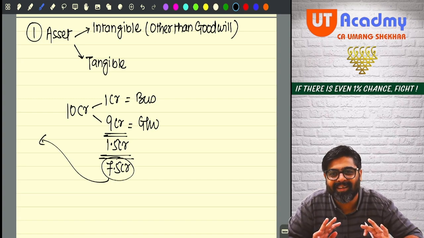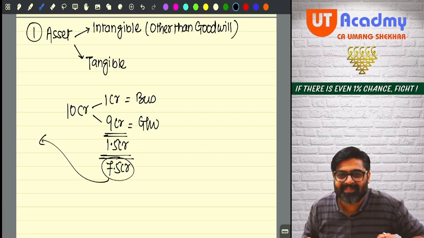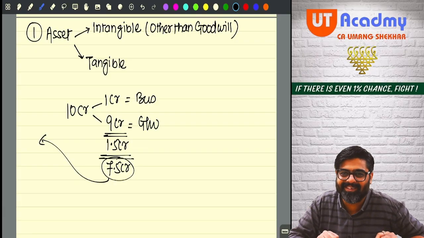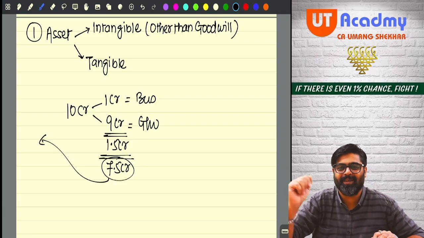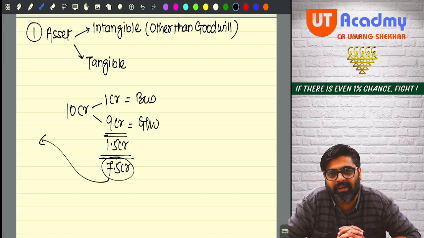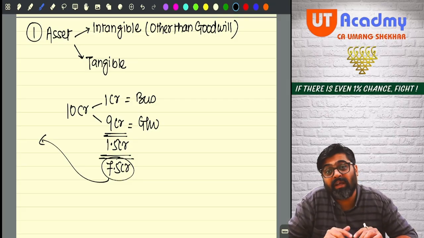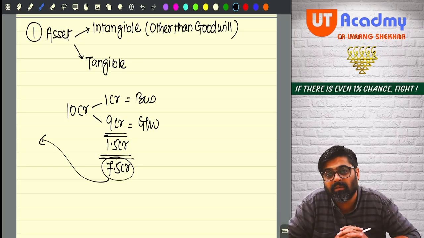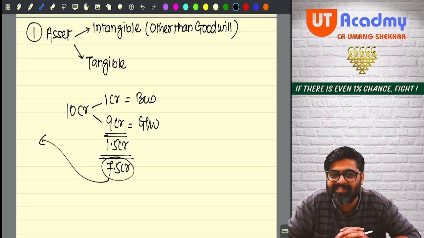Getting my point? And now I am also claiming what? Depreciation on the goodwill. Who is on the losing side over here? Tell me. Ultimately the government is losing the money, no? Now what will happen? The cost which I have not incurred only, that cost I am claiming in the form of depreciation on goodwill.